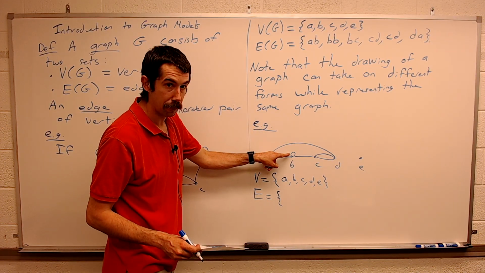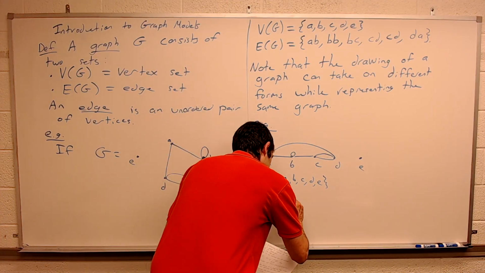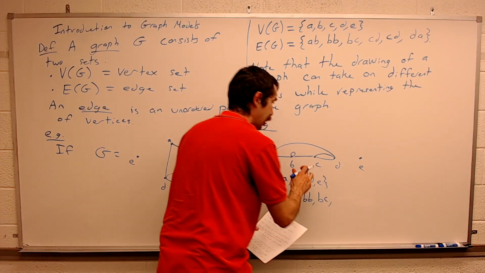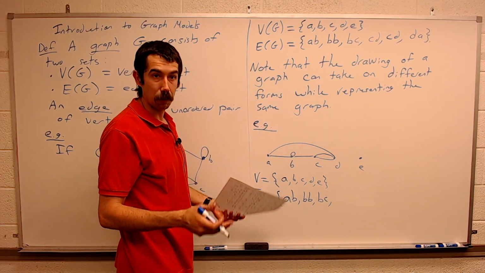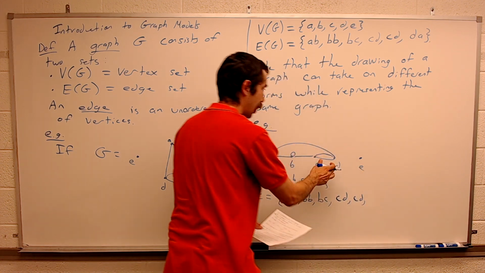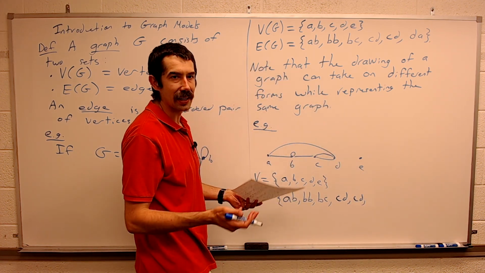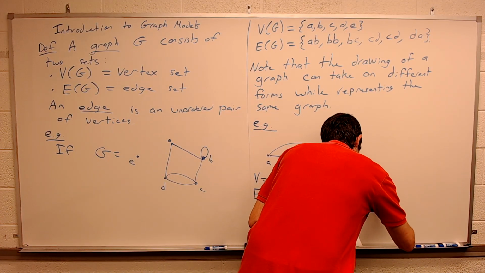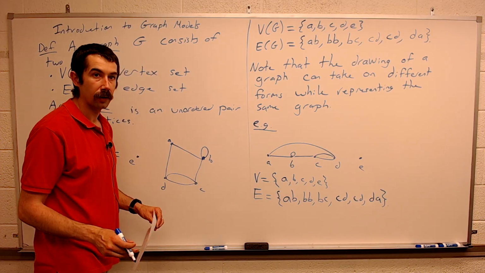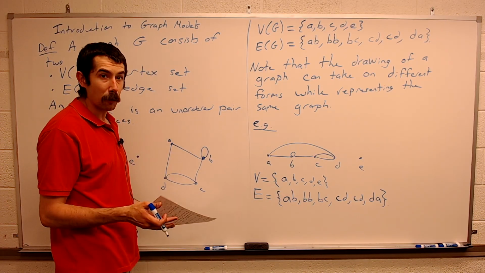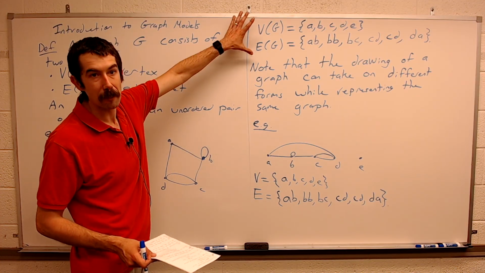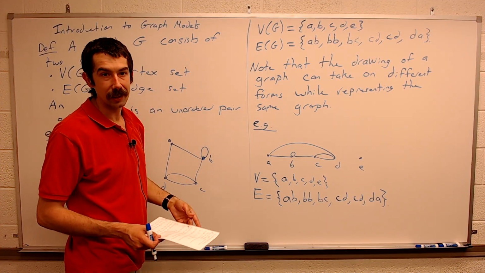AB, BB, BC, CD twice, and finally DA. Or we could write AD, it doesn't matter. All right, so there's many different ways to draw the same graph. And so it's often useful to take our drawing and then represent it as what are the vertices, what are the edges.